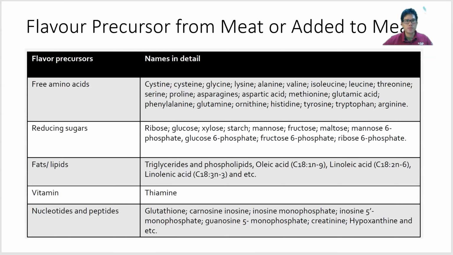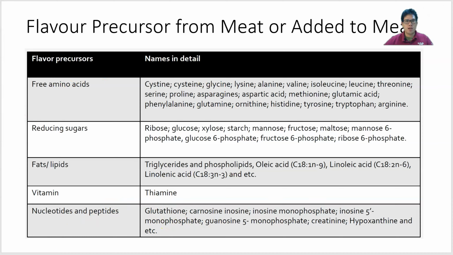Free amino acids, their abundance, cysteine, all these are the free amino acids available in the proteins. Reducing sugars, depending on what kind of animal it is, will have a certain level of that. Of course, if you have fats, vitamins, the nucleotides, all these are the DNA, again, the cells.